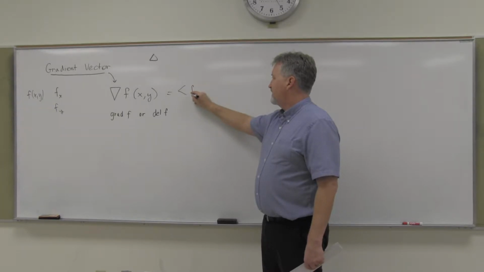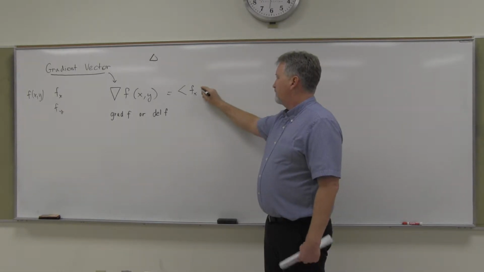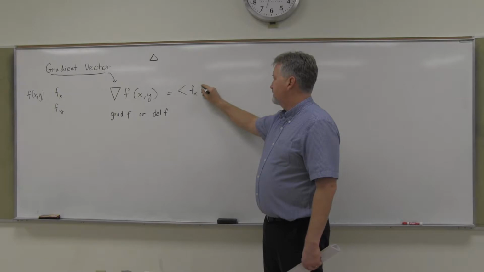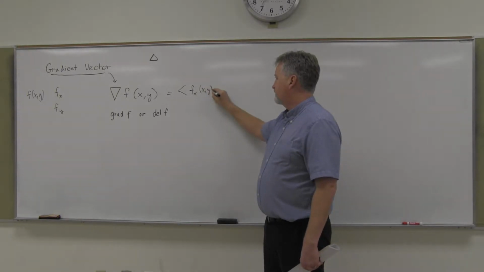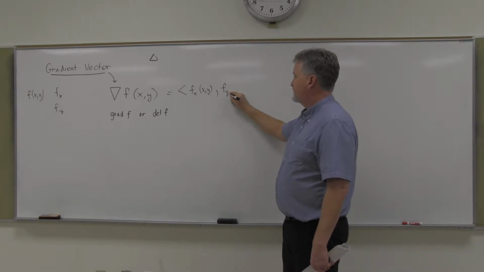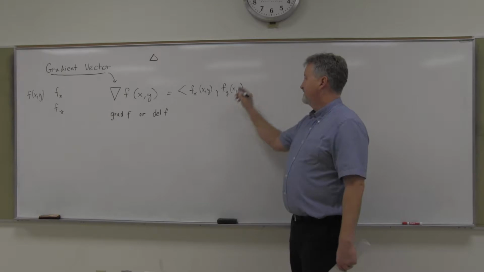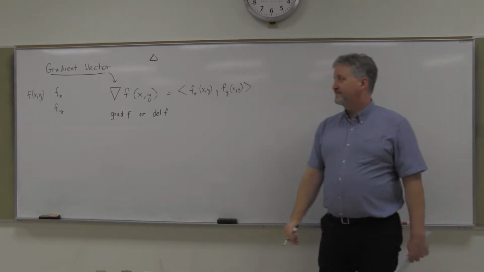So we take the partial of f with respect to x, evaluated of course at x, y. And then the second part of the vector, the j part of the vector, if you will, is the partial with respect to y.